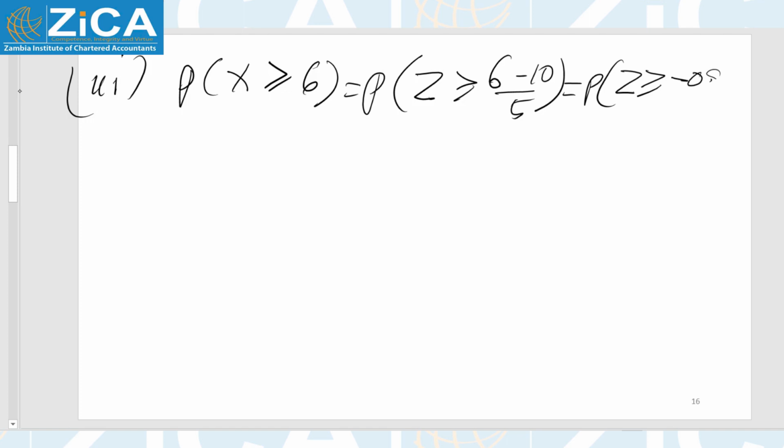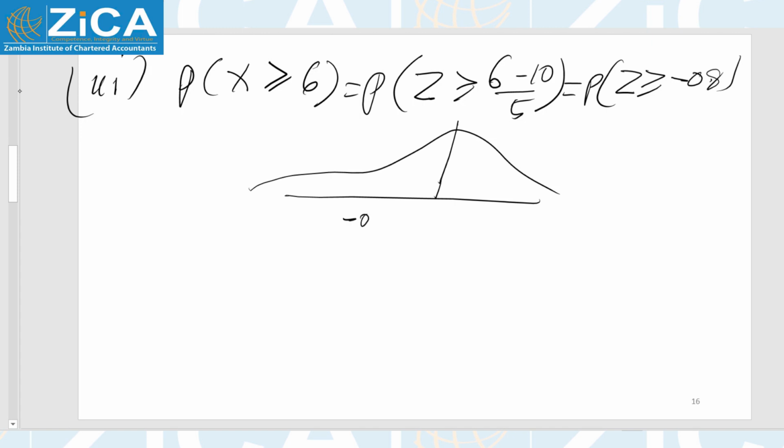Minus 0.8. So if you go to the tables, see what you have there. You are looking for z greater than minus 0.8, and it is the area to the right. Here you have got 0. This side is 0.5. The other side is also 0.5, the area under the curve is 1.